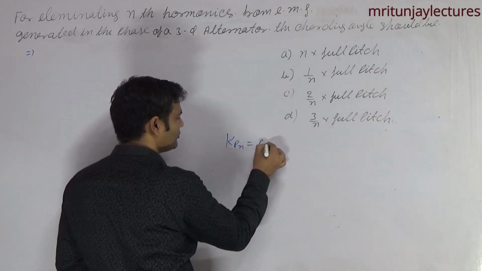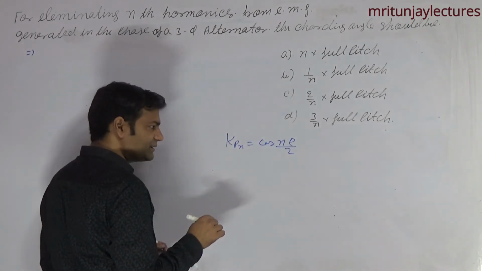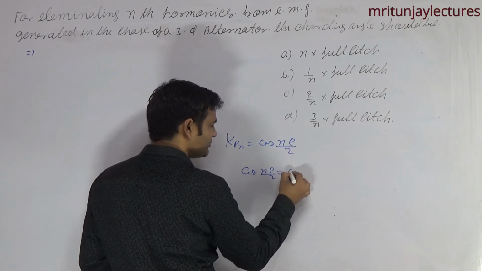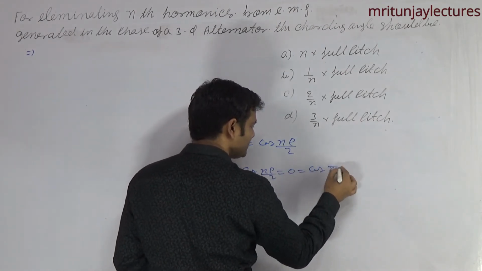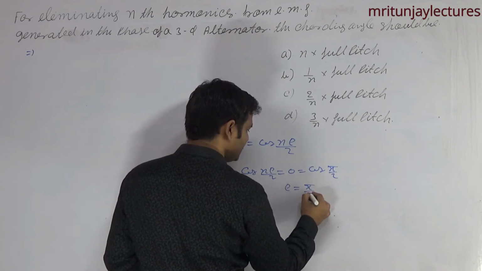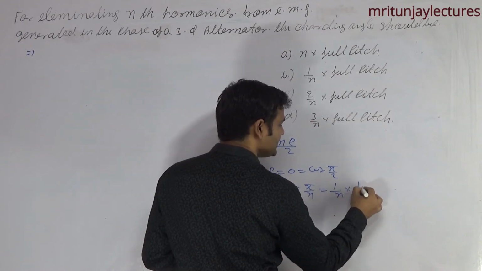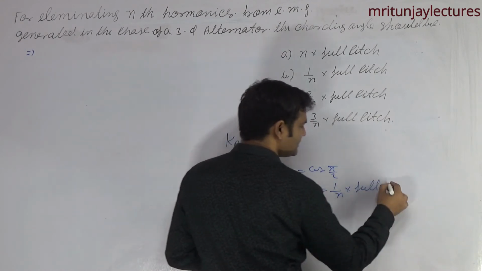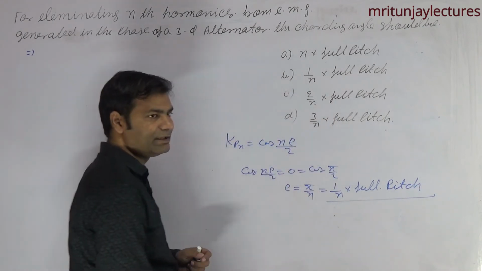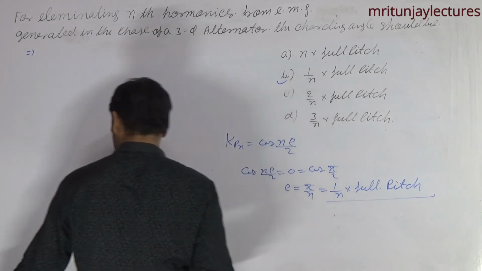Kpn equals cos n rho by 2 equals 0, that is cos pi by 2. It means rho is pi by n. That is 1 by n into full pitch. Which one is correct? B is the correct option.